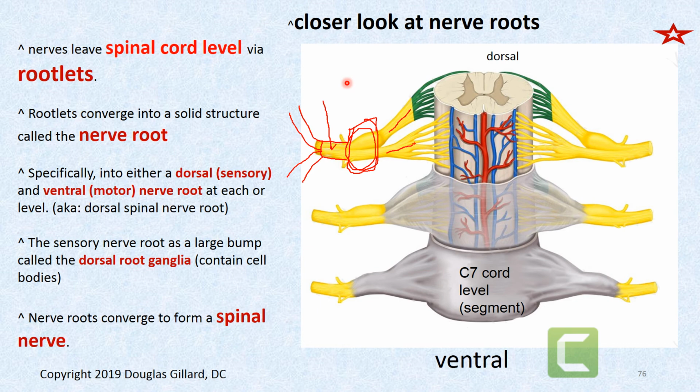These just have motor fiber. These just have sensory fiber. But right here, they're mixed together. And same, these are mixed nerves. The dorsal rami and ventral rami, these are mixed nerves. They have sensory and motor fibers. So spinal nerve, mixed nerve. You are no longer in the CNS. You are in the PNS.